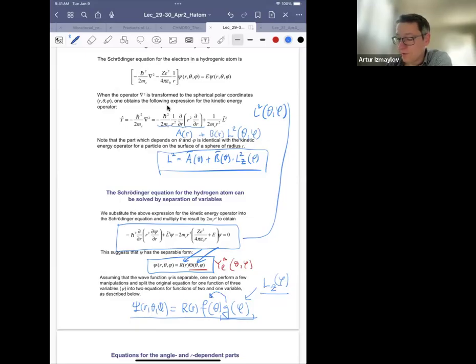And once we have the f and g functions, that defines the R function. In a particle in a three-dimensional box, all three functions are completely independent. You could choose them whichever way you want. But in the hydrogen atom, when you choose a solution that corresponds to a particular function in phi, that will define the set of solutions you can have in theta, and that will define the set of solutions you have in r.